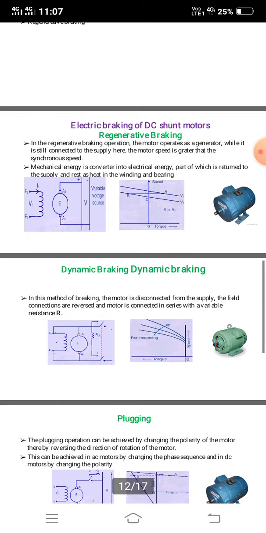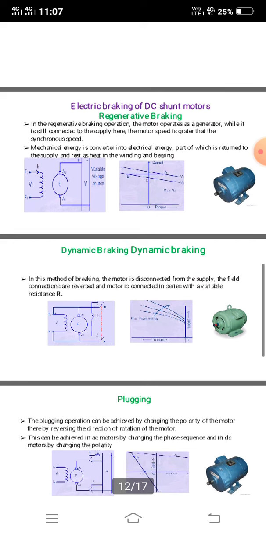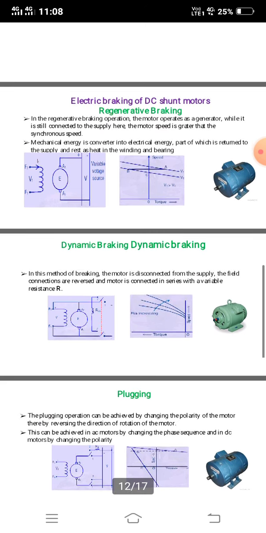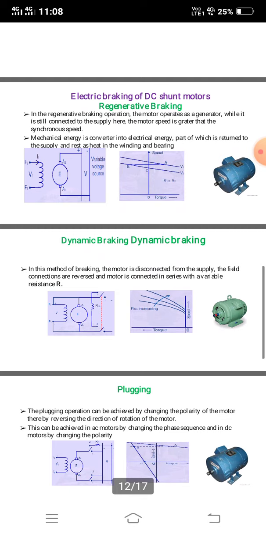Then dynamic braking. In this dynamic braking method, the motor is disconnected from the supply. The field connections are reversed and the motor is connected in series with a variable resistance R. Third one is plugging. The plugging operation can be achieved by changing the polarity of the motor, thereby reversing the direction of rotation of the motor.